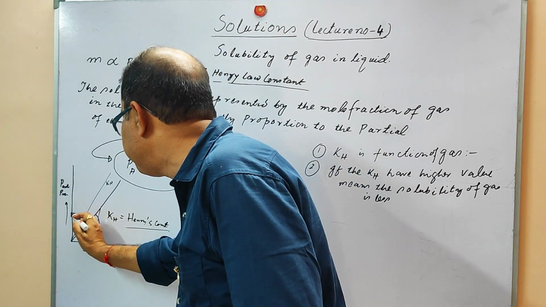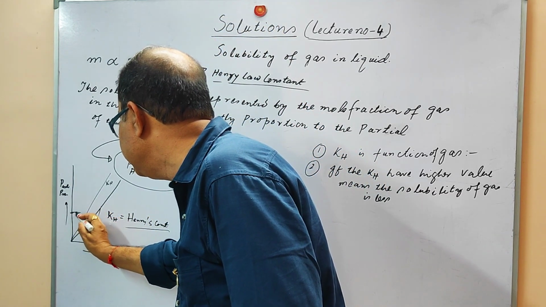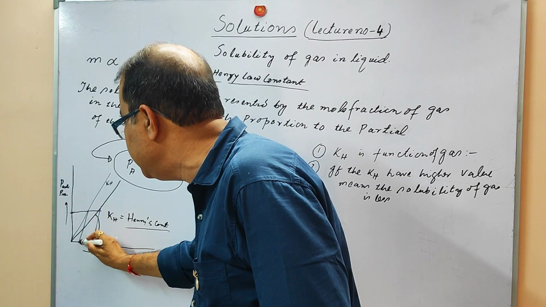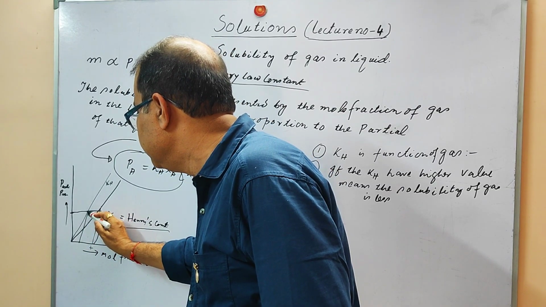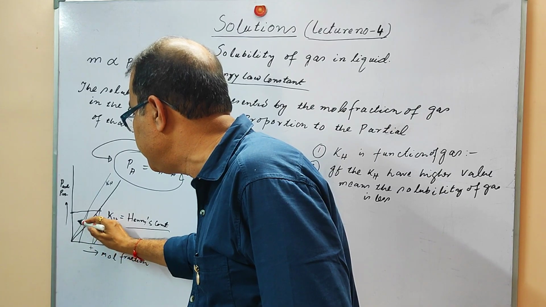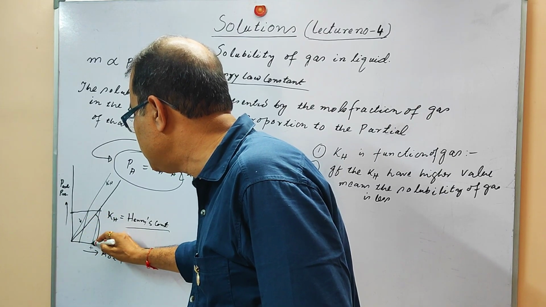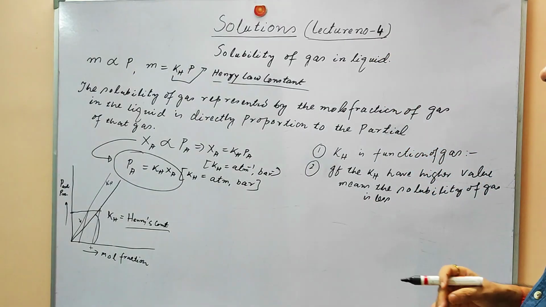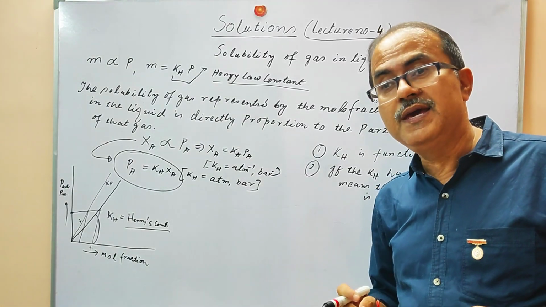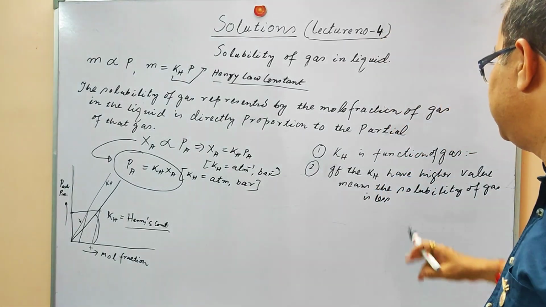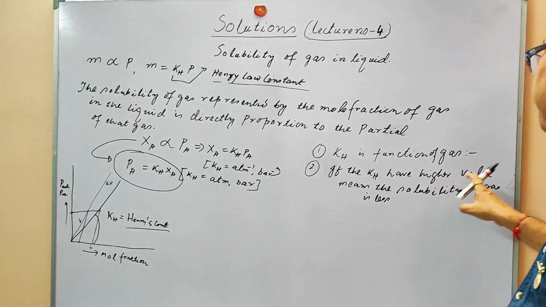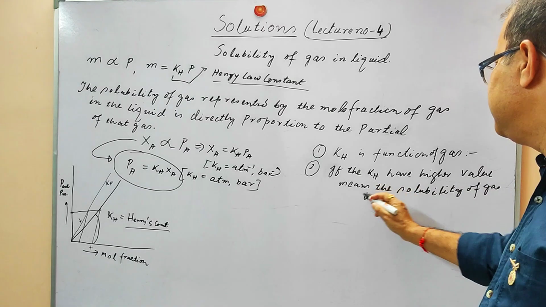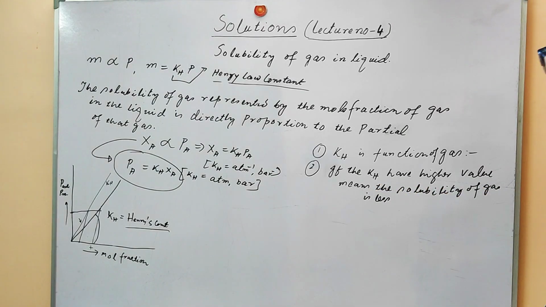So at the same pressure, you will find its solubility will be less. This solubility corresponds to this curve and this solubility corresponds to this curve. So the higher the KH value, the lesser the solubility of the gas.